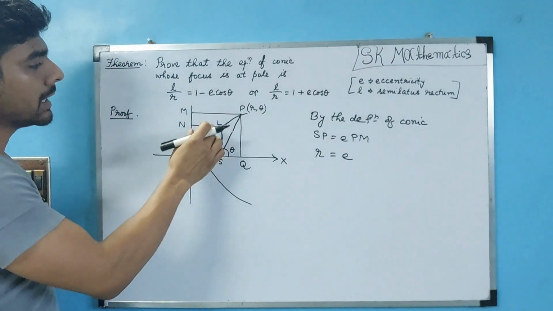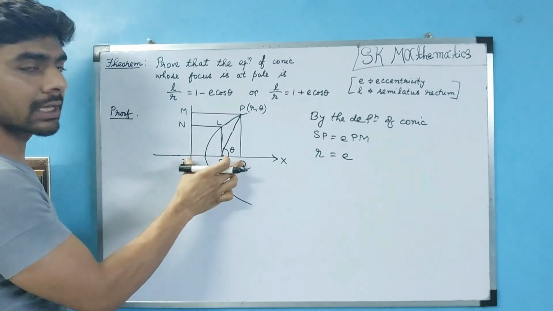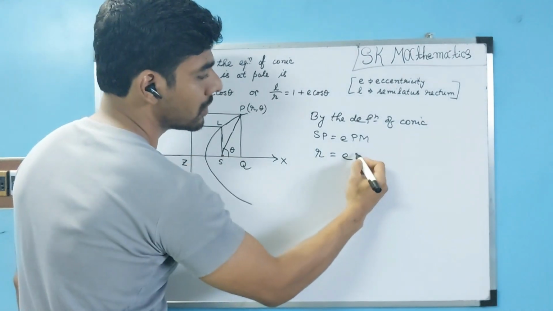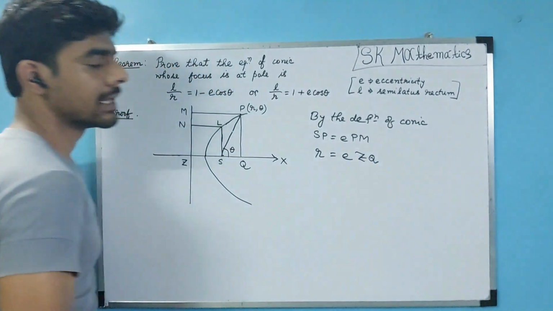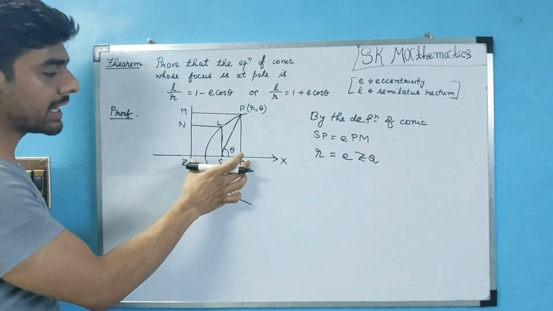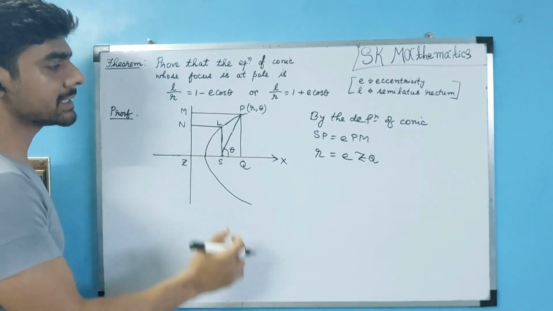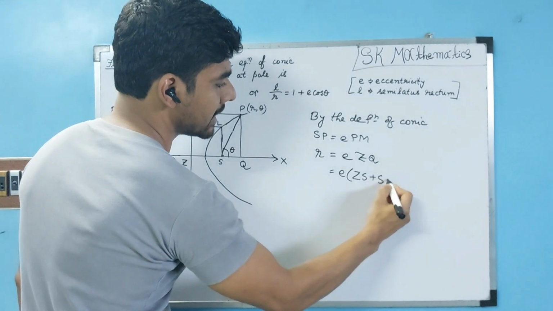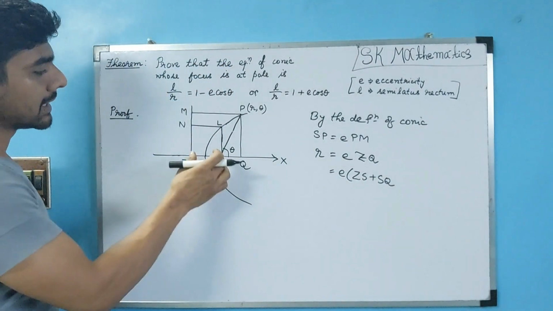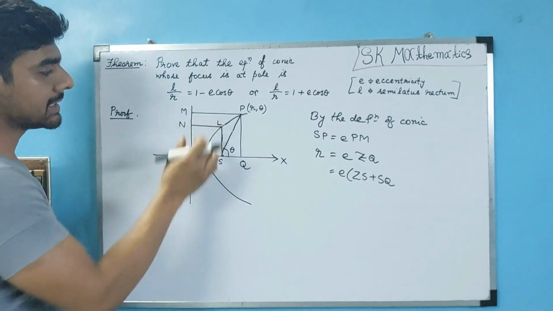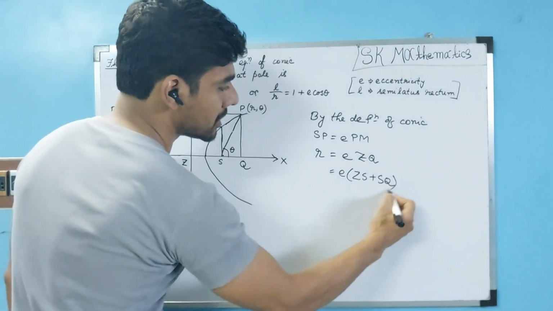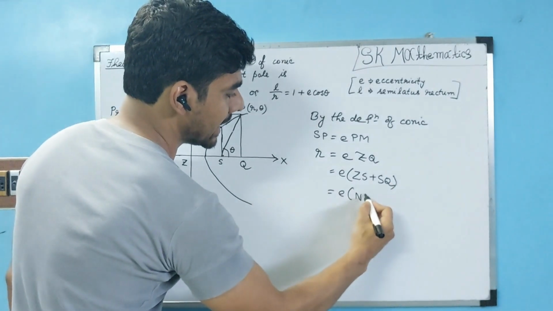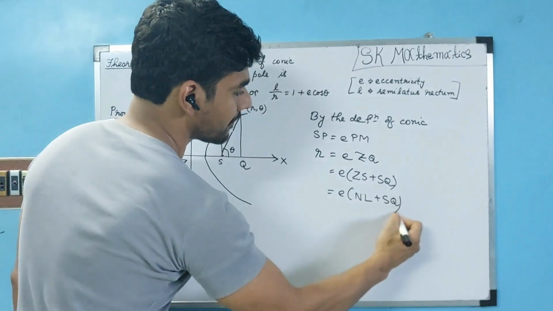Now PM is ZQ, so we write PM as ZQ. Now ZQ we can break into two parts, ZS plus SQ. Now you can see that ZS is also equal to NL. So we write it as NL plus SQ.